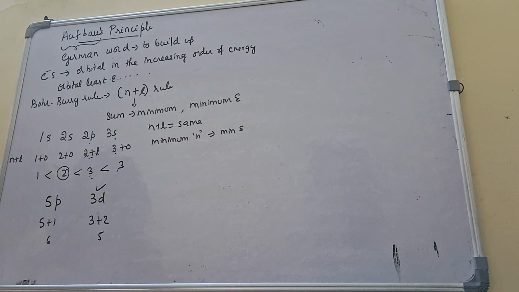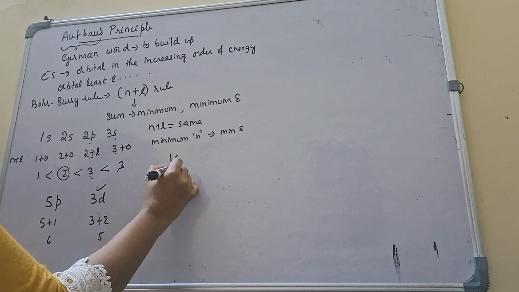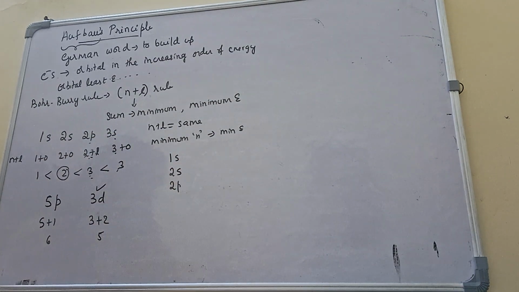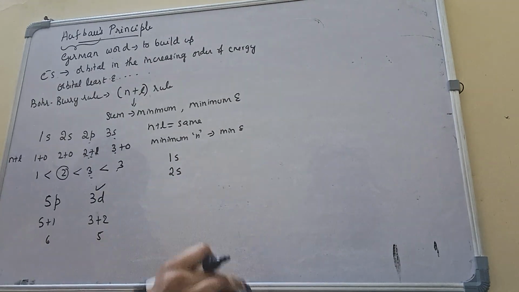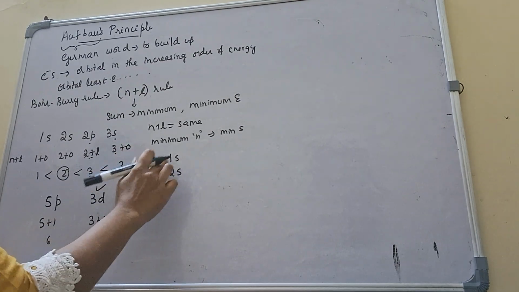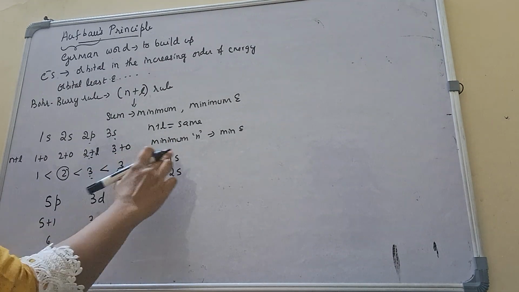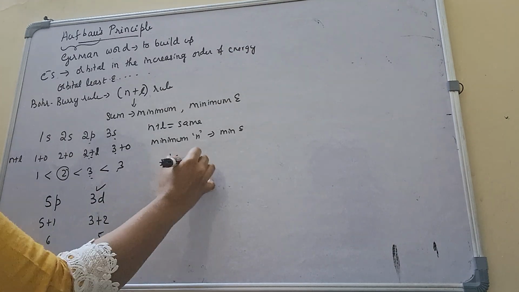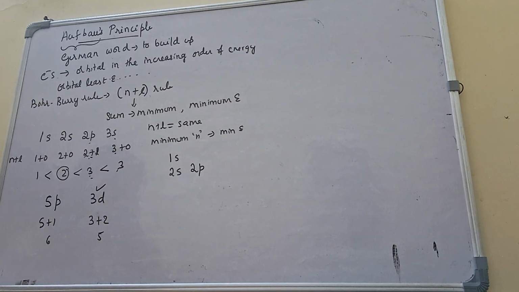Okay, now every time we cannot remember this, so there is a trick to remember this. You can write it in terms of a block like this. This is the trick, because every time you cannot calculate. There is a diagram, so you write it in the increasing order of their shells. So 1s, in the first shell there is only 1s orbital. Here you have 2s and 2p. We are talking about subshells, not getting into the orbital level.